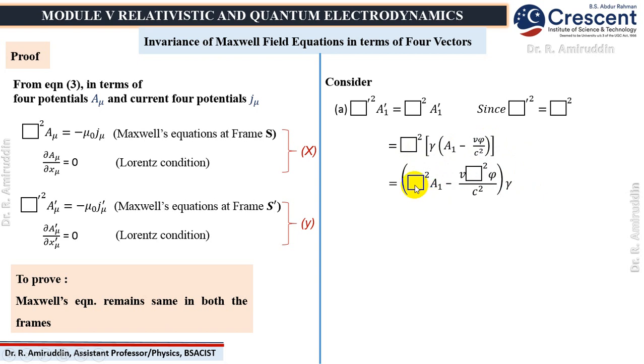Once again, this box square a1 and box square psi we have already framed in equation number 3. So from equation number 3 we have box square a1 is equal to minus mu naught j1, and box square psi is given as minus rho by epsilon naught.